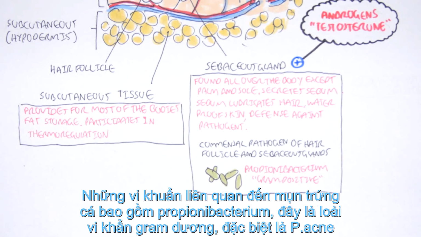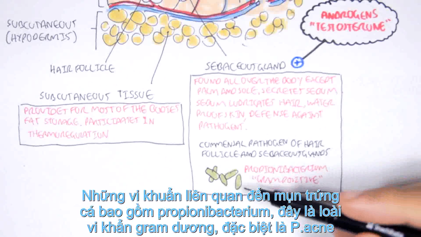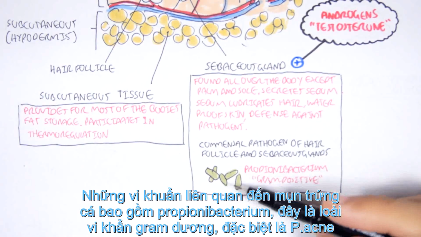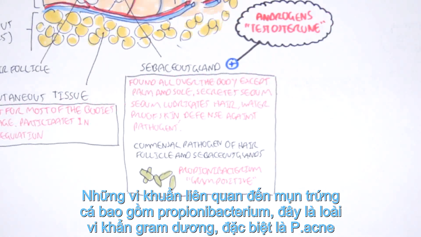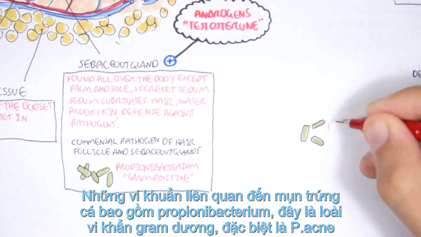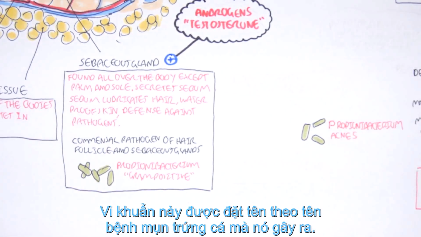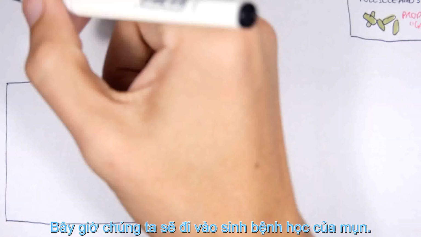These bacteria that are associated with acne, pimples, are these guys here, Propionibacterium species, which are gram-positive. But in particular, it's the Propionibacterium acnes. The name already suggests an association with acne. So we're looking at acne pathophysiology.